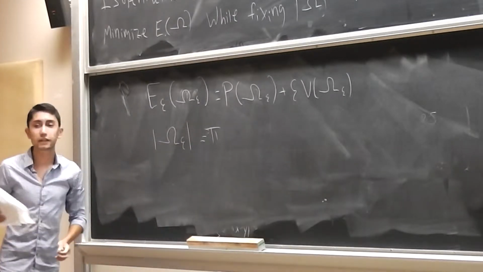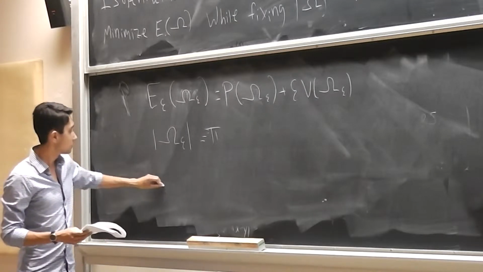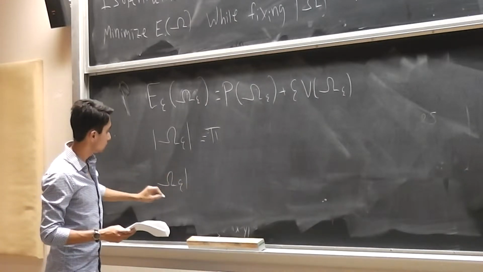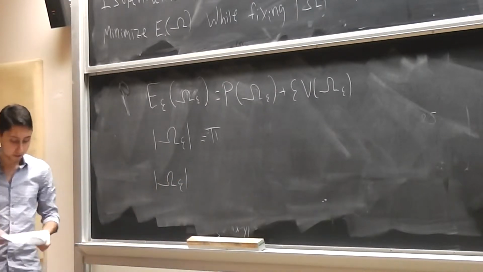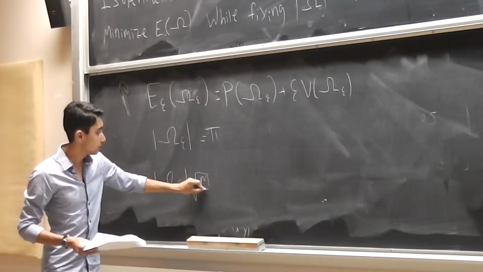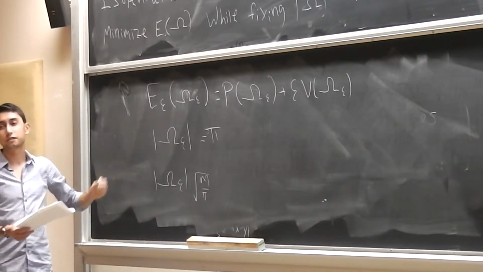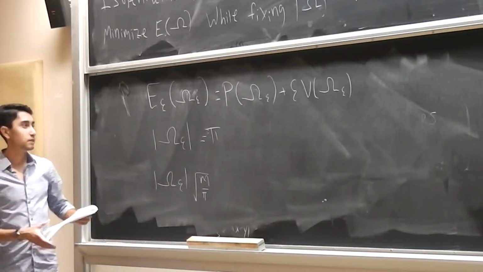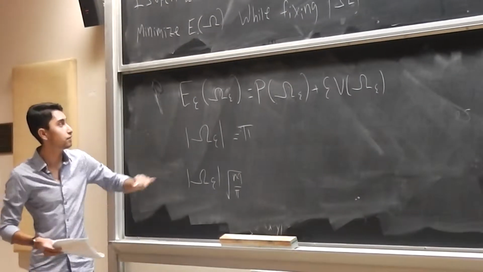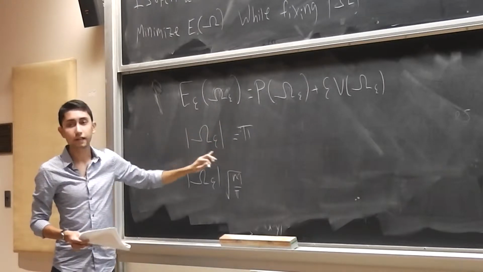It turns out you can relate this to the other problem. If you look at omega epsilon, you scale that to have the right mass, this will be a minimizer of the old energy. That makes sense, that we can convert this into a problem of minimizing a new energy while fixing the area this time.